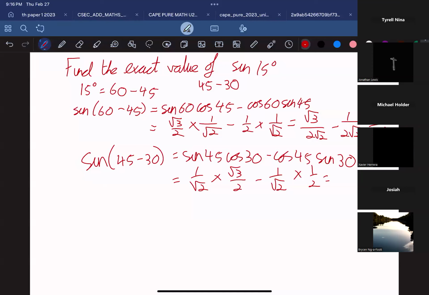Oh, okay, my bad. Yeah, you get the same thing: root 3 minus 1 over 2 root 2. All right, just watch your formulas, right? It could happen to anyone. Just watch your formulas, the A's and the B's.